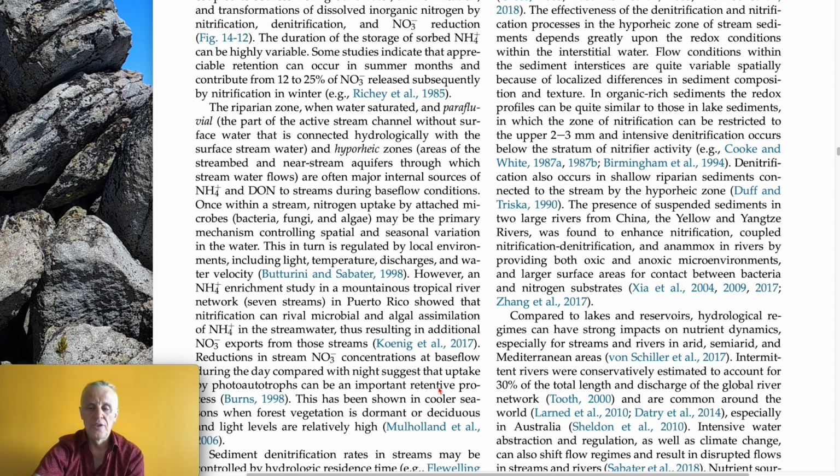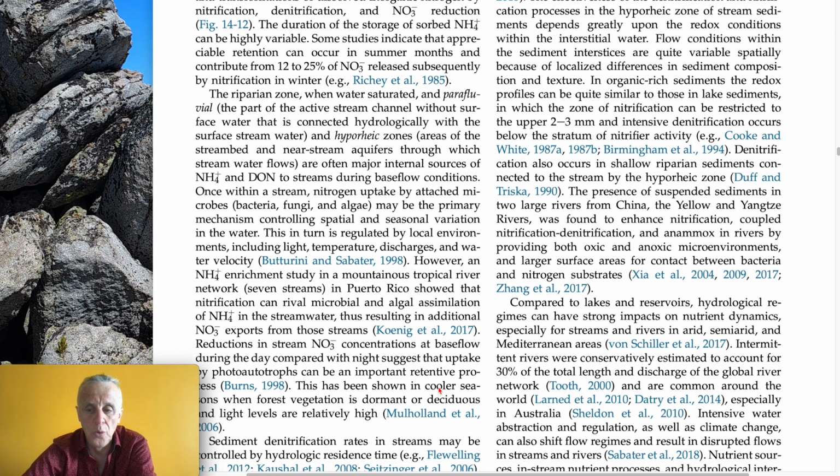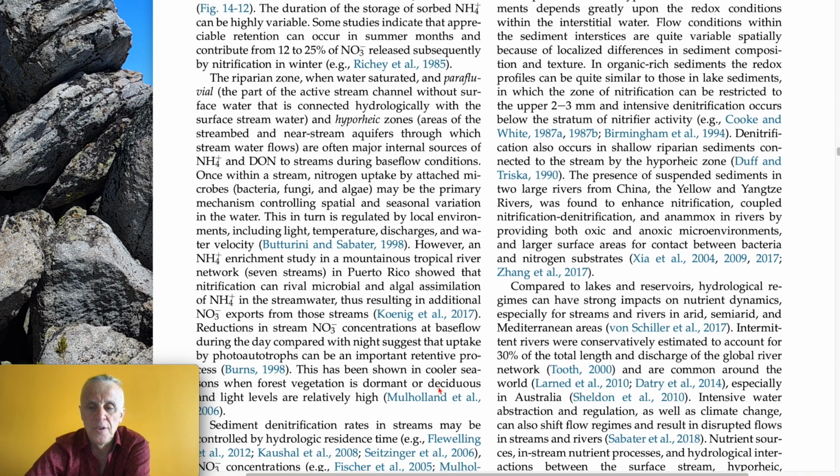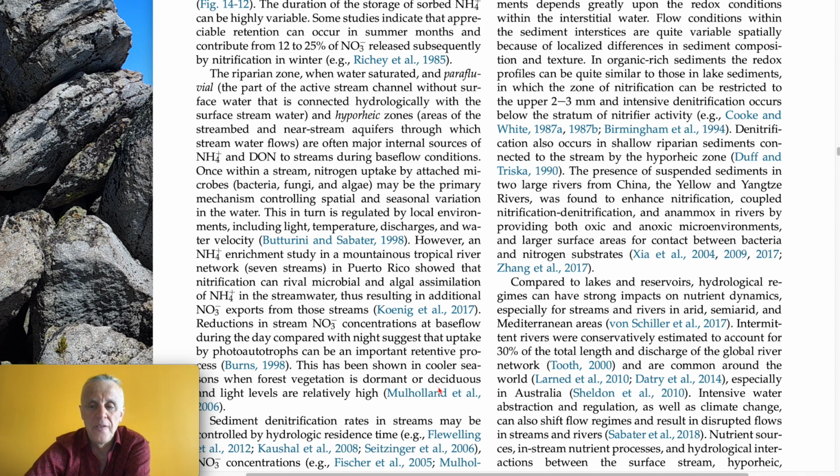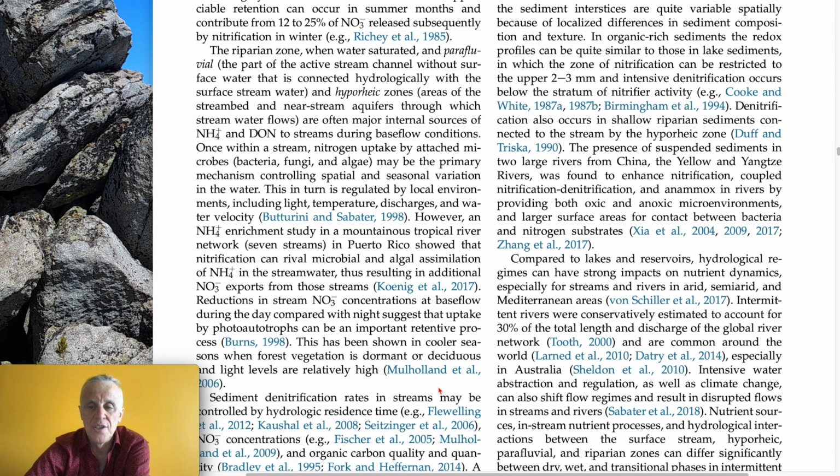In organic-rich sediments, the redox profiles can be quite similar to those in lake sediments, in which the zone of nitrification can be restricted to the upper 2 to 3 millimeters, and intensive denitrification occurs below the stratum of nitrifier activity. Denitrification also occurs in shallow riparian sediments connected to the stream by the aporeic zone.